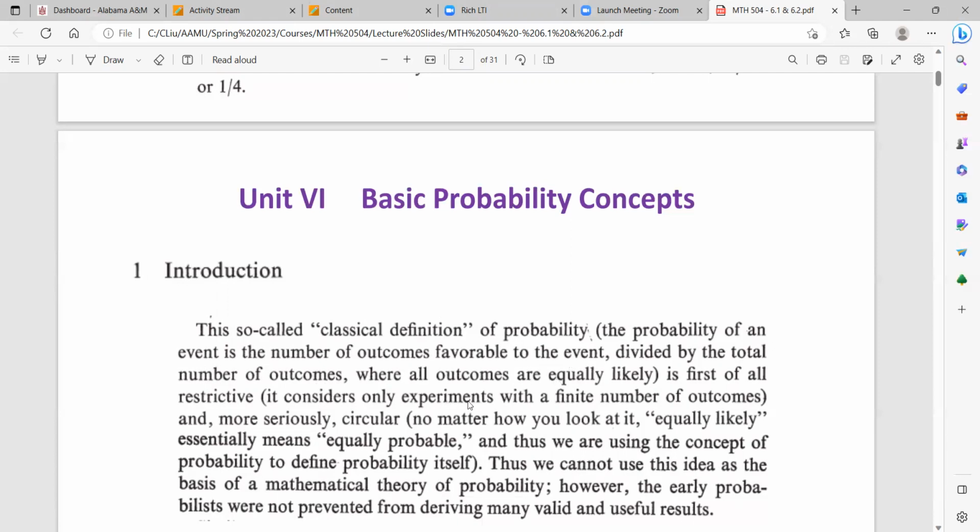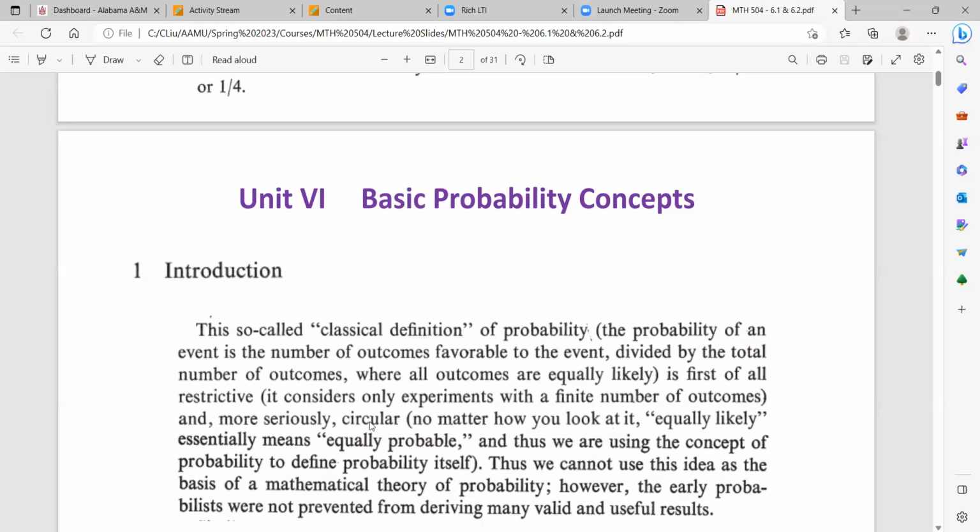So the fact that you cannot do the experiments infinitely many times, no matter how large the number is, is not rigorous mathematically.